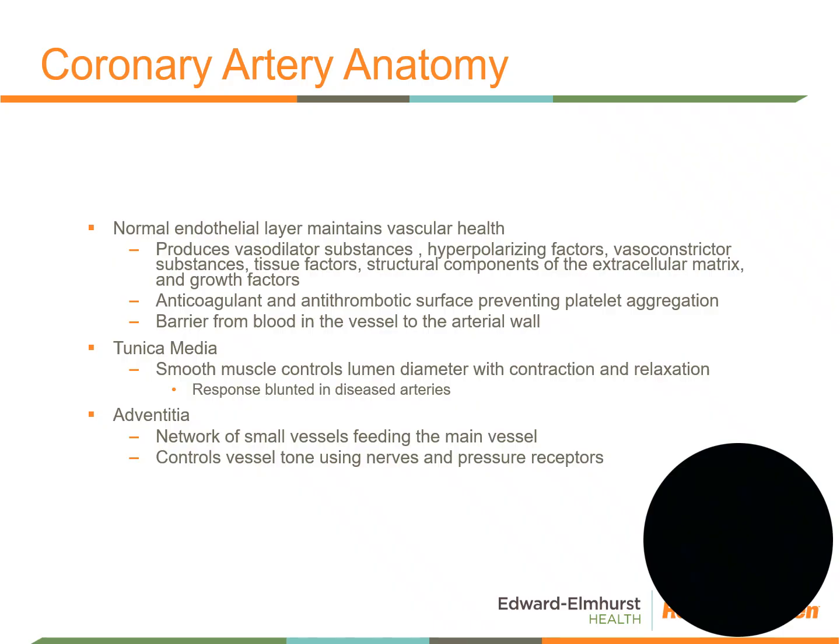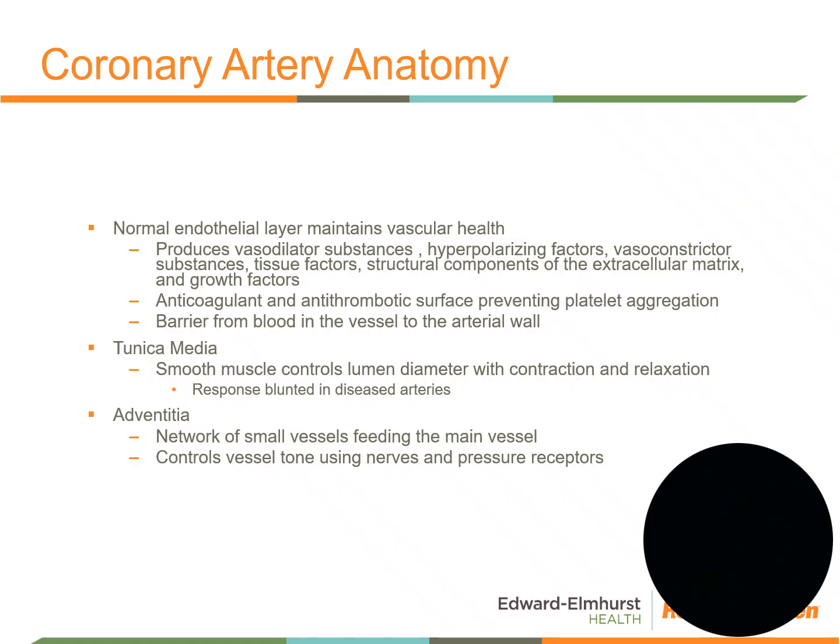Now to go into the basics of coronary anatomy. As you're coming into the cath lab, this is a lot of new information for a lot of you, so we're going to go through the basics. A normal coronary anatomy has a normal endothelial layer that maintains vascular health.